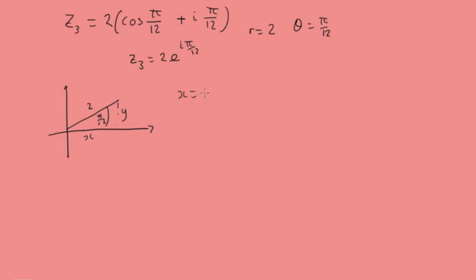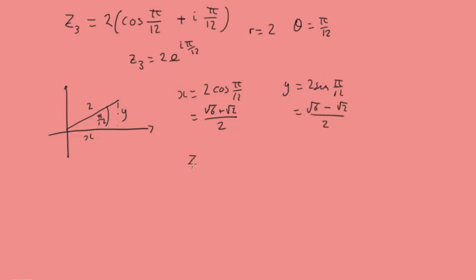So x is going to be 2 cos pi over 12, which comes out at root 6 plus root 2 over 2, and y is going to be 2 sine pi over 12, which is going to be root 6 minus root 2 over 2.